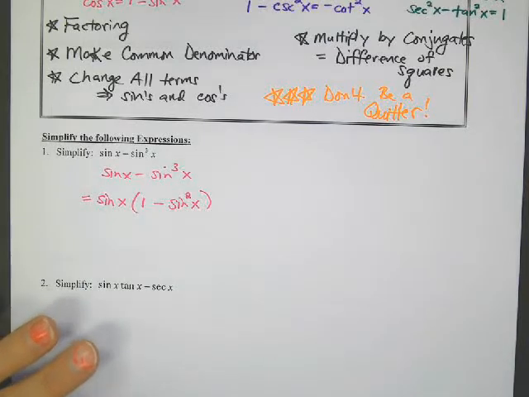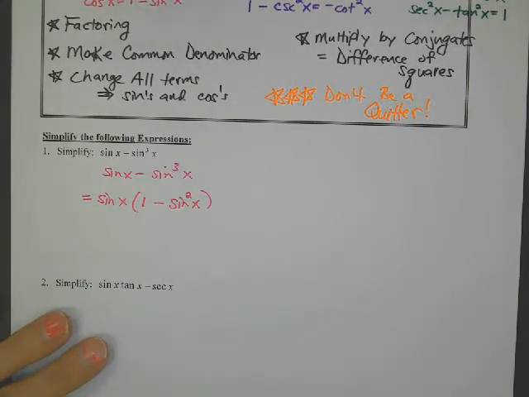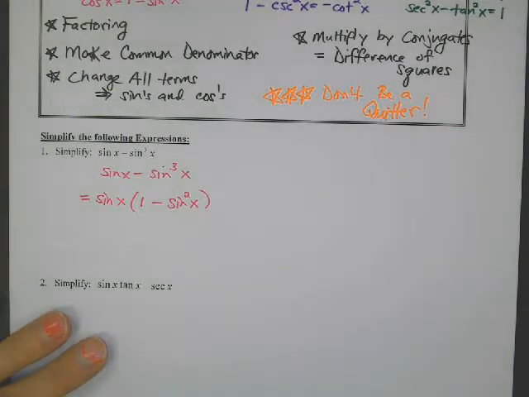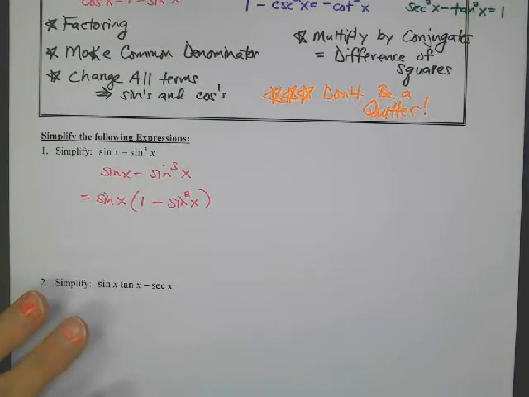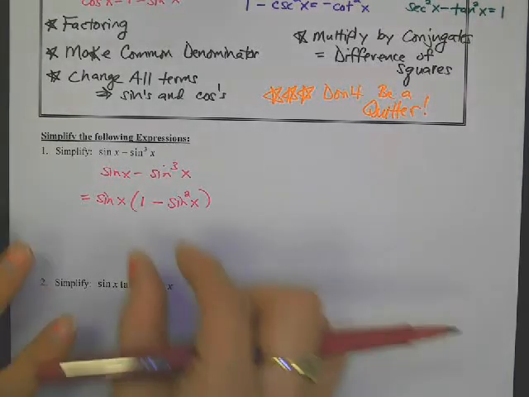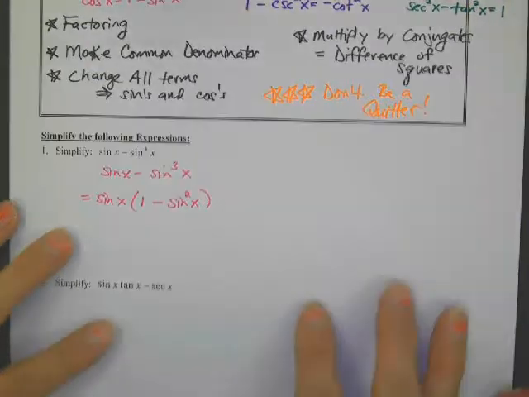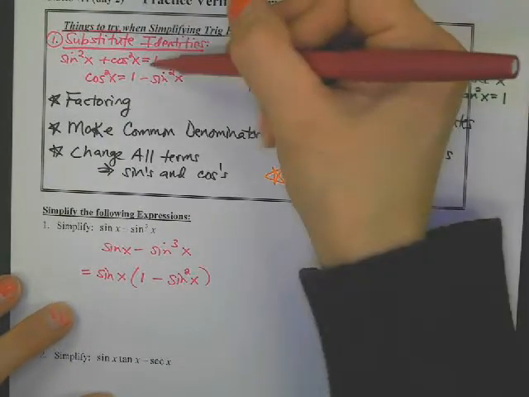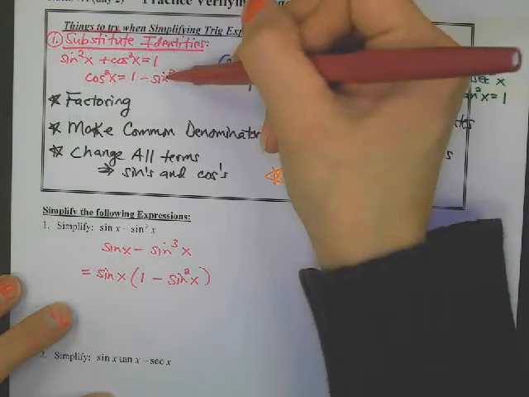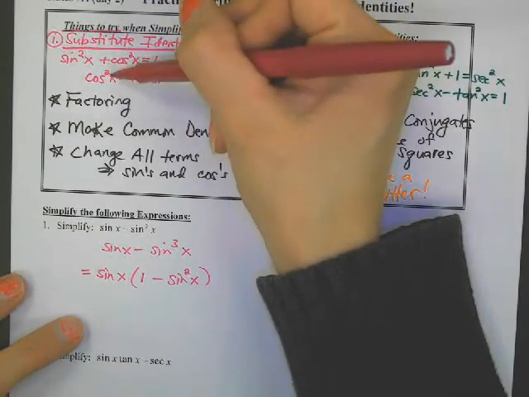The biggest question that I get is, how do I know if I'm done? Well, sometimes you have to try some more things. If trying things can make it smaller, then you definitely should do it. Is there any way to replace sine squared? Let's go back up to that identity. Ooh, 1 minus sine squared can be replaced with cosine squared.